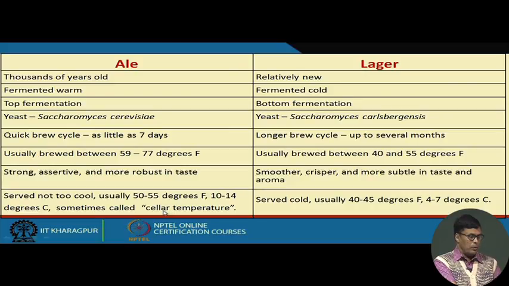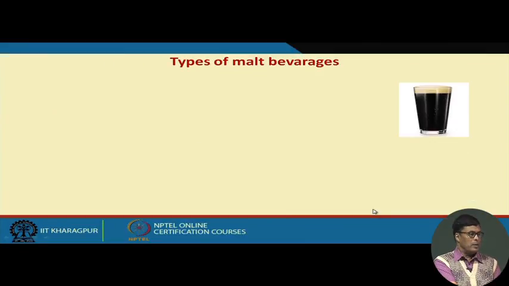Cellar is nothing but the underground tank that is used for storing alcoholic beverages for maturation. And lager is served cold, usually 40 to 45 degrees Fahrenheit, and that is equivalent to 4 to 7 degrees centigrade.